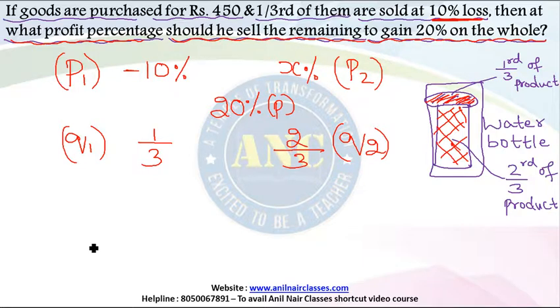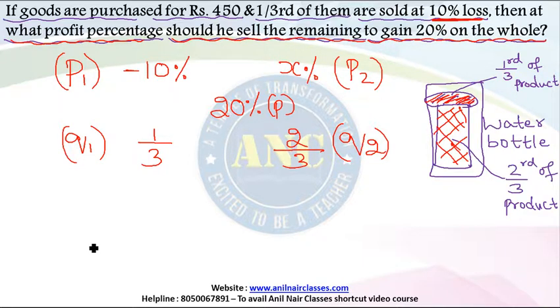I will plan in such a way that whatever loss I had of 10 percent, I will convert it to profit. I still have the remaining two thirds of the product left with me. I will sell it at such a profit that if I go home and count the entire money at the end of the day, I should get an overall profit of 20 percent.